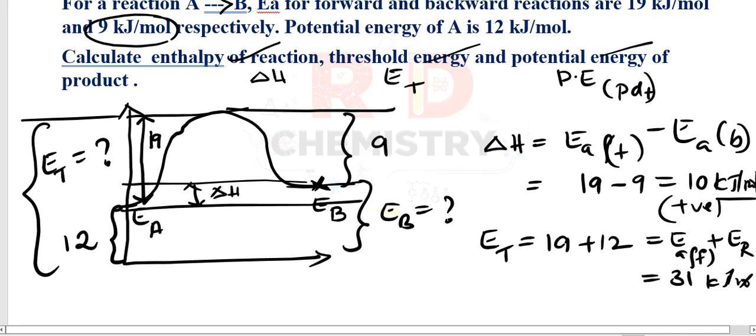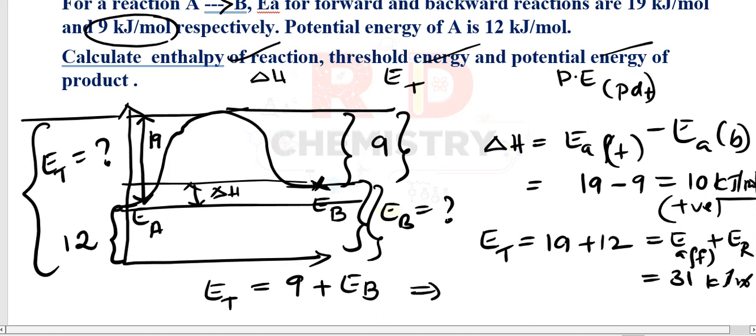How to calculate the potential energy? Now if you see carefully, I can also write the threshold energy as equal to 9 plus the energy of the product B. The threshold energy we have already calculated, that is 31, is equal to 9 plus the energy of the product B. So the energy of the product B is 31 minus 9, which is equal to 22 kilojoules per mole, right?